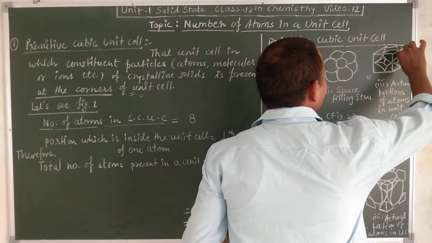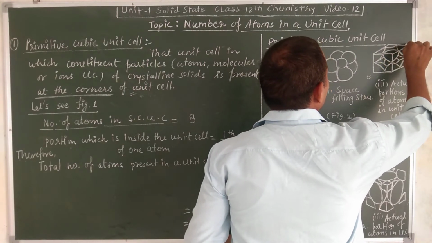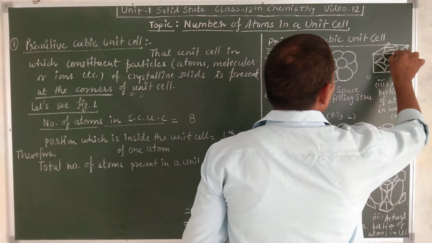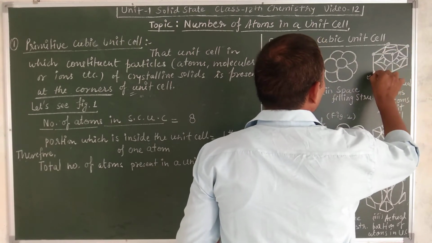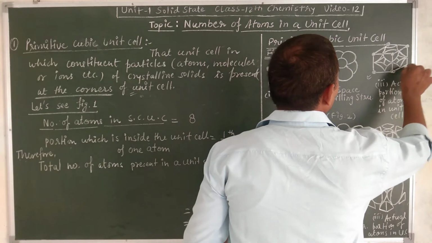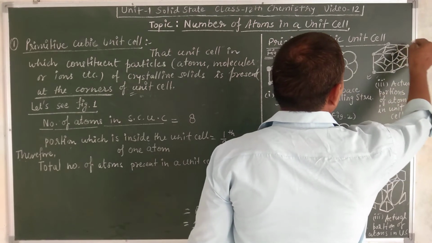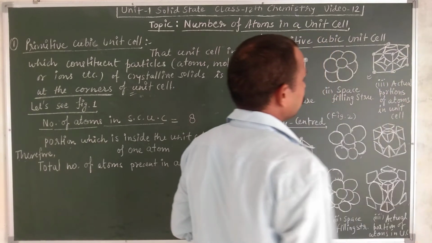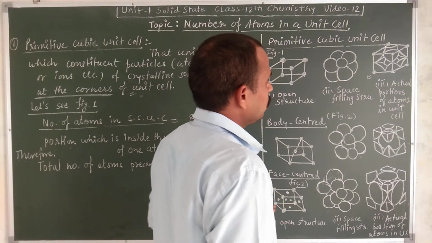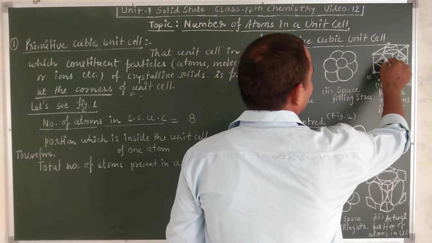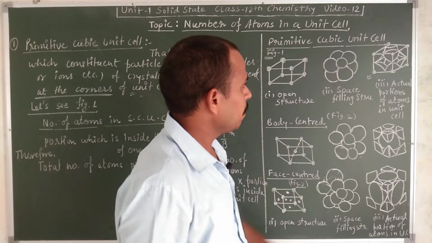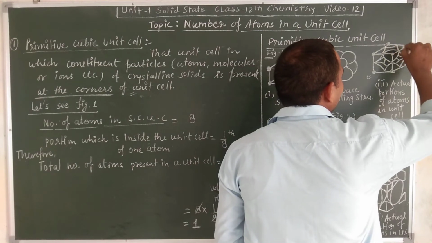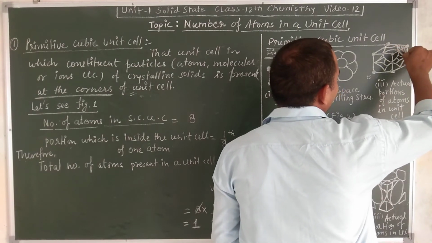This part, one corner, 2, 3, 4, 5, 6, 7, 8. On the inner side, this portion, how much part is this?